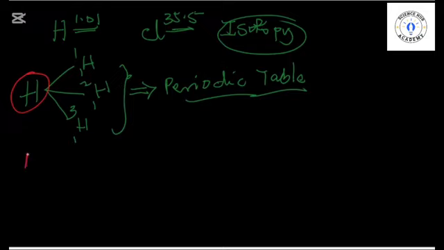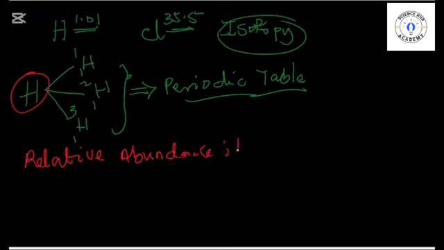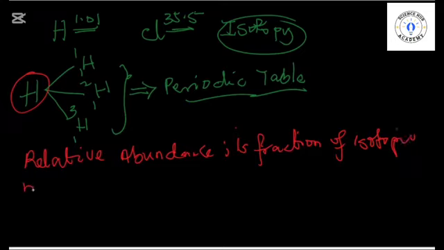Relative abundance is the fraction of isotopic mixture present in an atom.